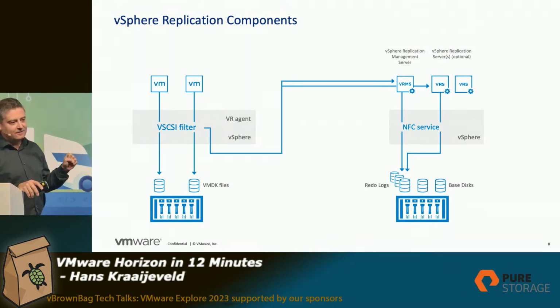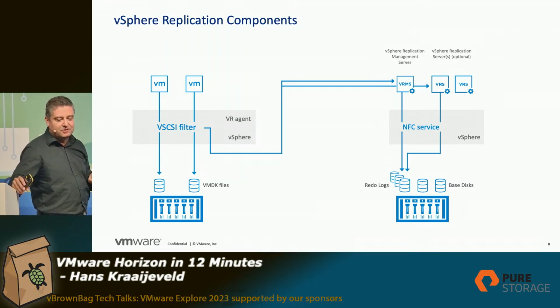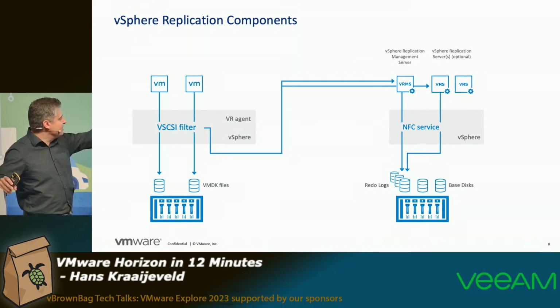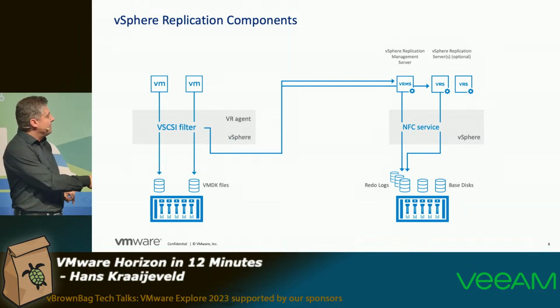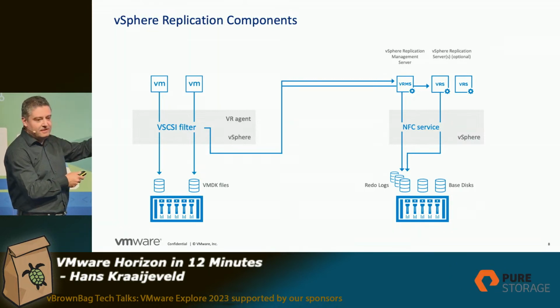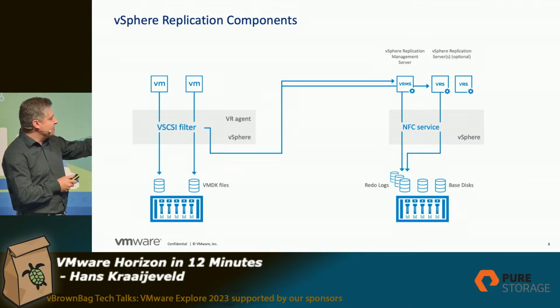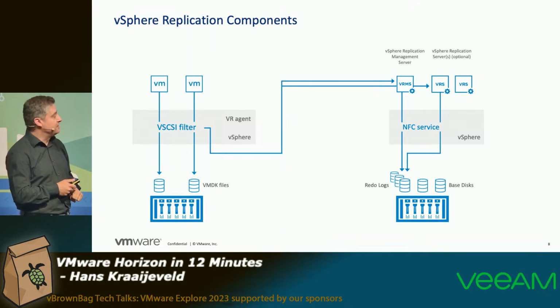This is the current old-school architecture of vSphere Replication. We have a so-called vSCSI filter at the source side, where we track the changes at the VM level, and we send the changes to the target site. At the target site, the vSphere Replication management server, through NFC, the network file copy service, writes the changes to the underlying storage, the underlying datastore.